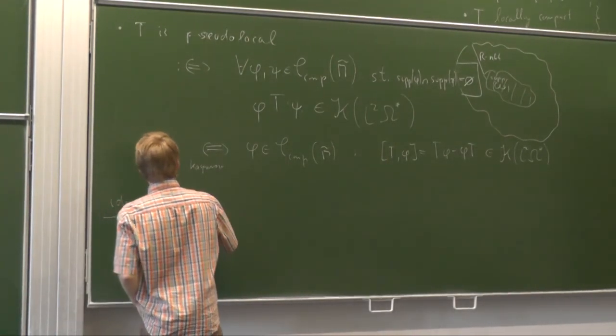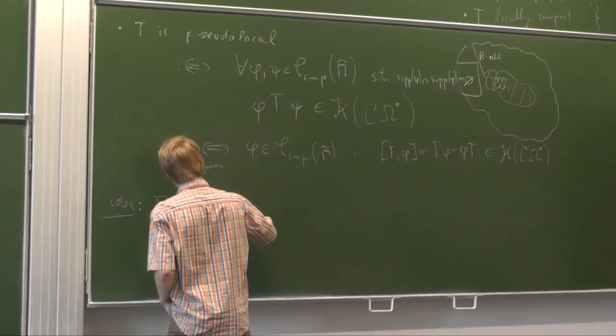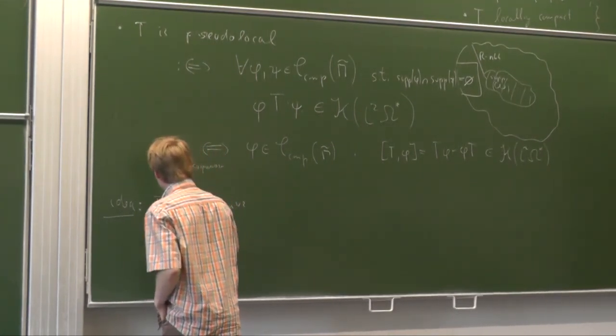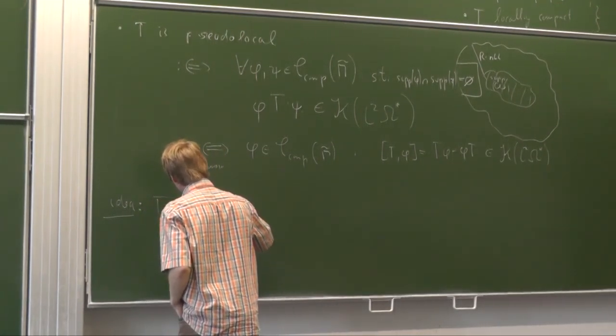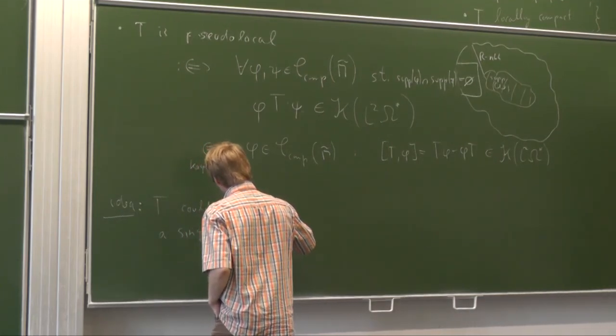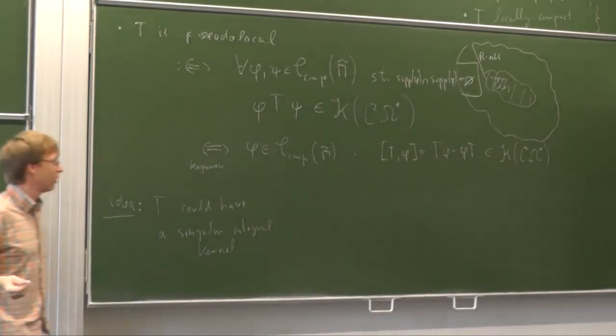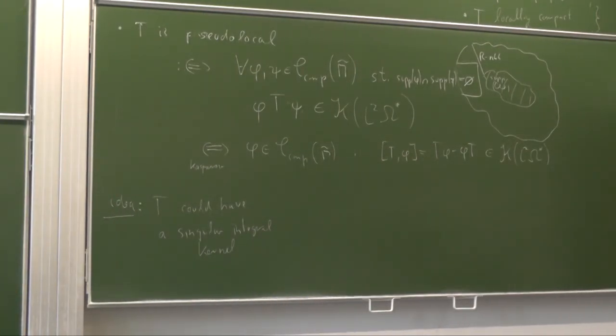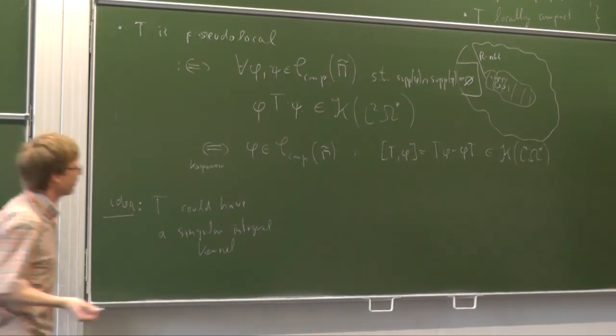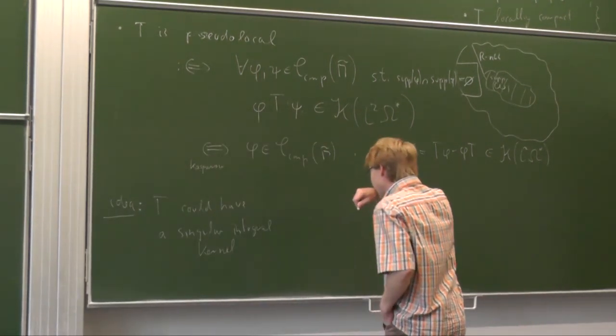T could have a singular integral kernel. Actually, the Schwartz kernel theorem tells us it always has an integral kernel if you allow singularities of a more appropriate general type.